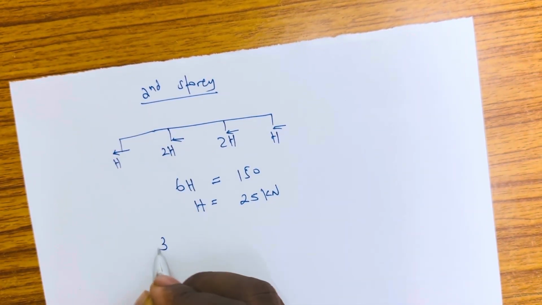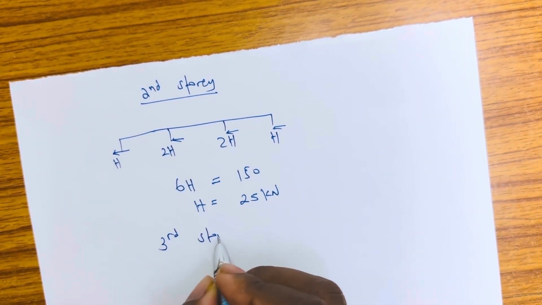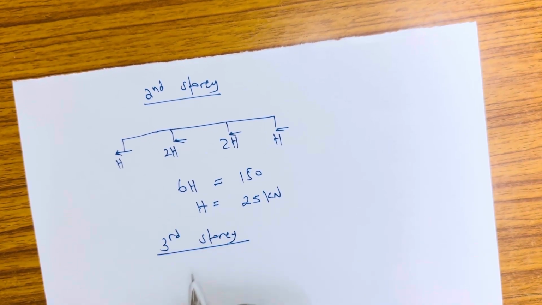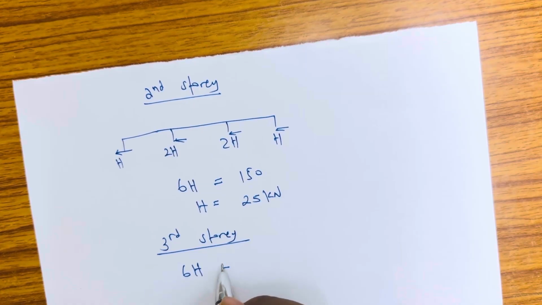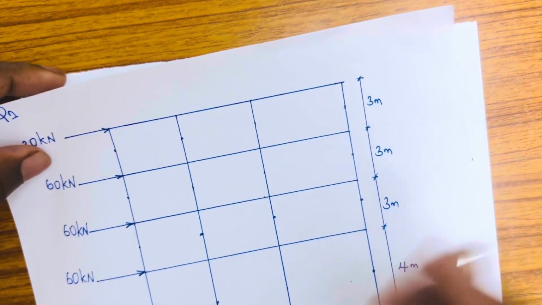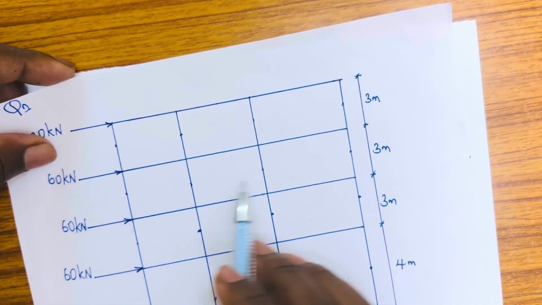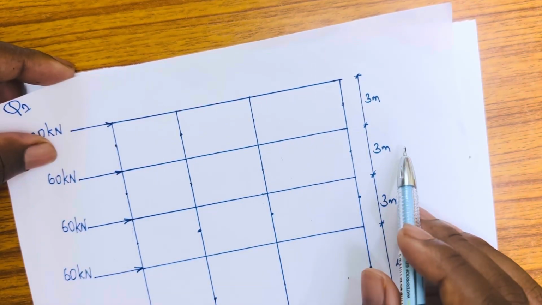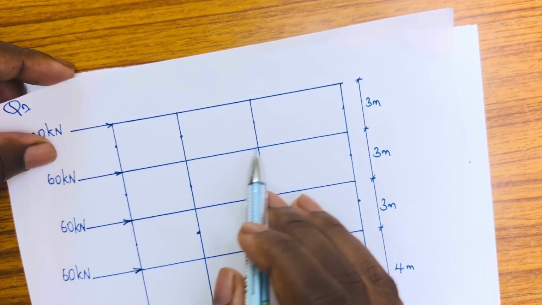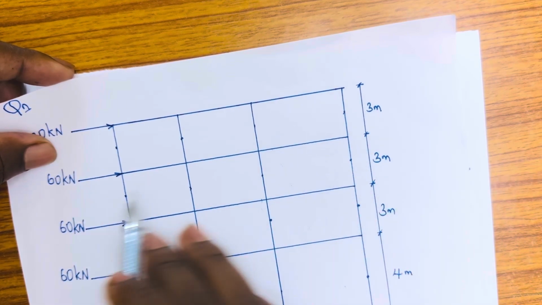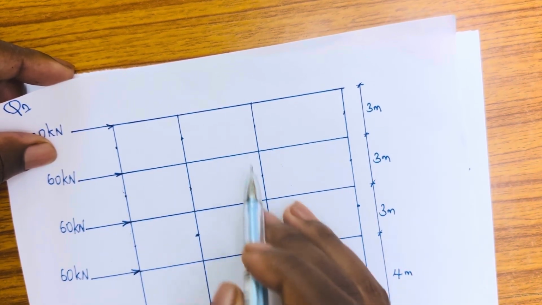Then let's do for the third story. For the third story, just the same, this force remains 6H. Third story means we have to cut the frame from here, and then we analyze the forces here. So we have 6H, which is from here and here.